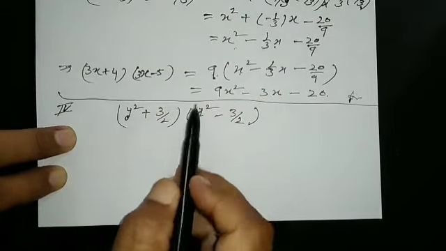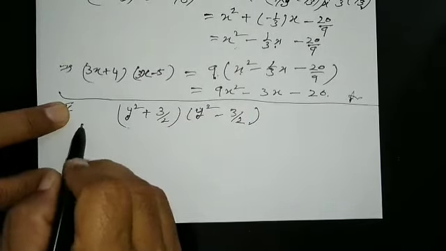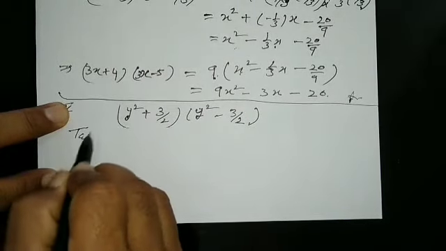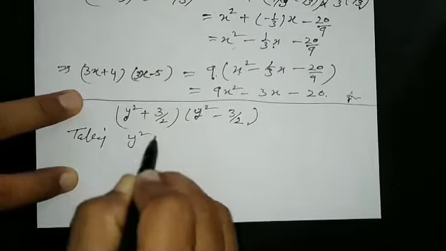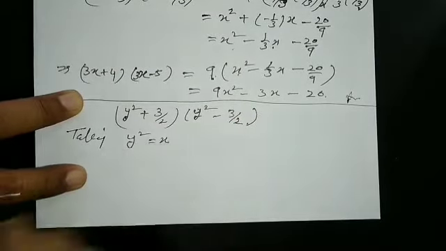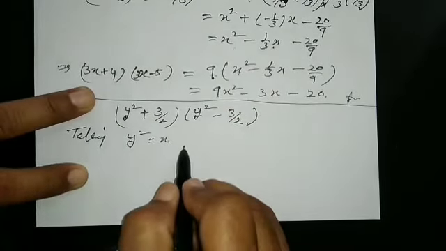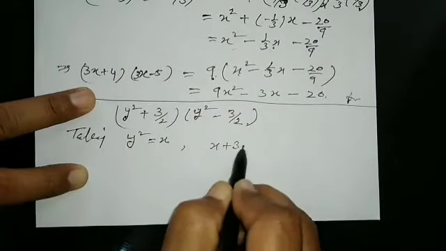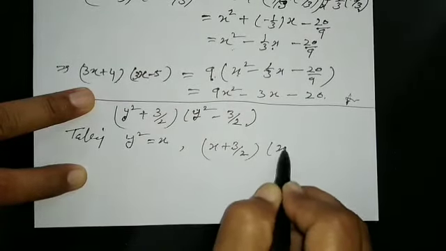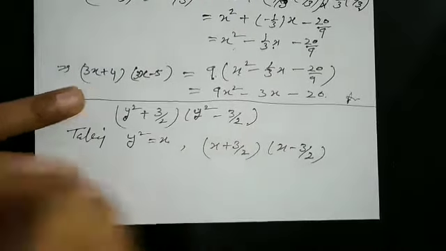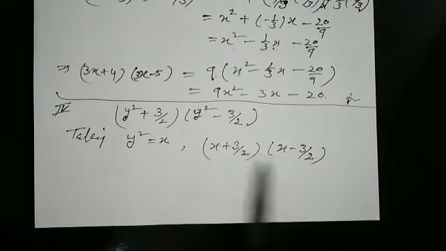So you can put y square equal to x. Okay, you will get x plus 3 by 2 and x minus 3 by 2, right? Now it is linear.